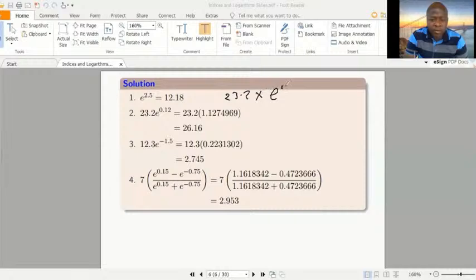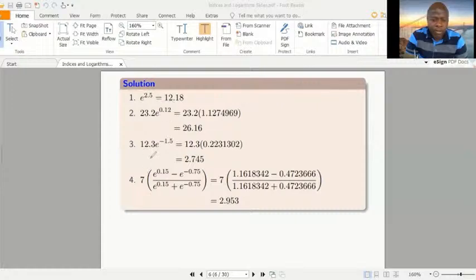Then 0.12. See what you get. I was getting 23.2, but e raised to 0.12 was giving me what is in my brackets. So that when I multiply it, I then get this.